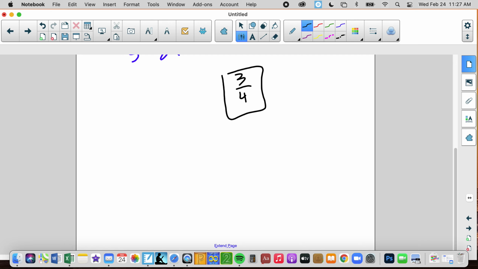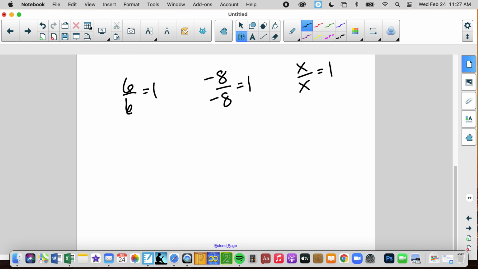And what we need to remember is 6 over 6 is equal to 1. -8 over -8 is equal to 1. X over x is equal to 1. 3x over 3x is equal to 1. X plus 2 over x plus 2 is equal to 1.